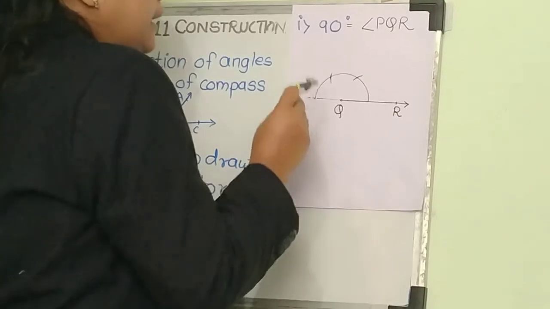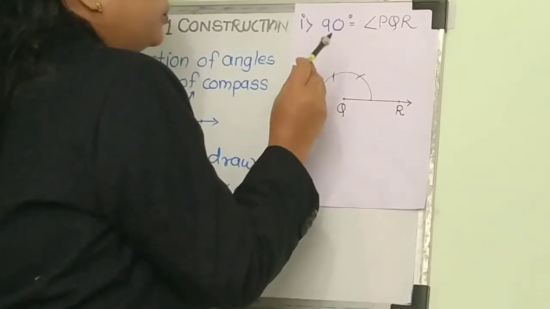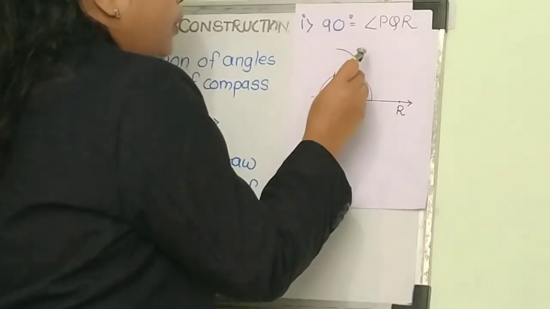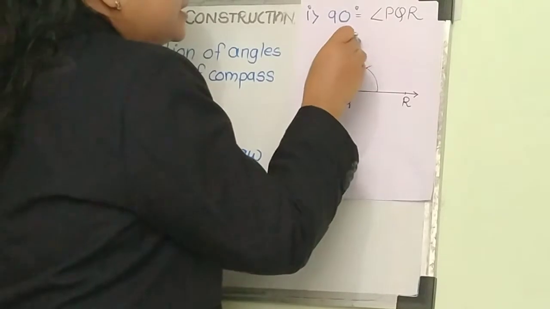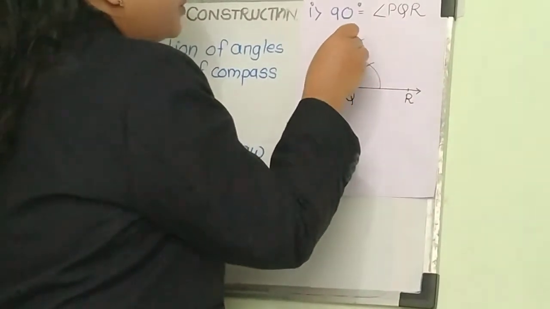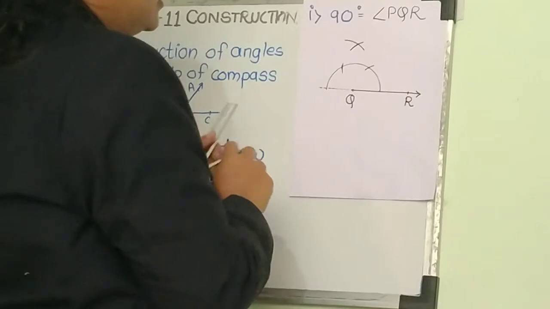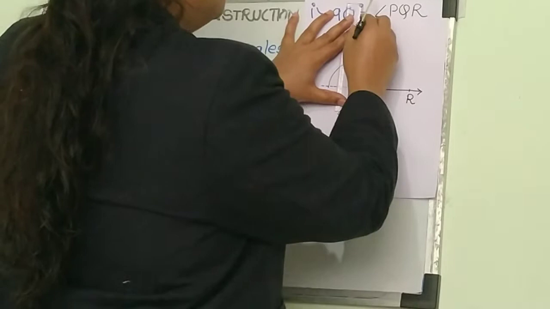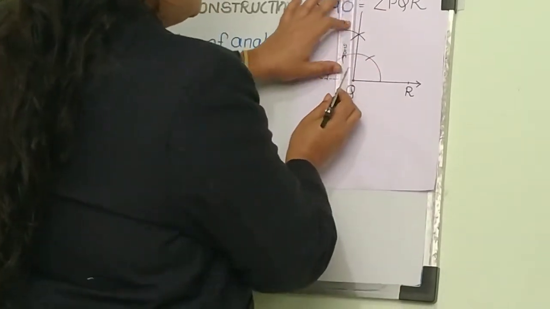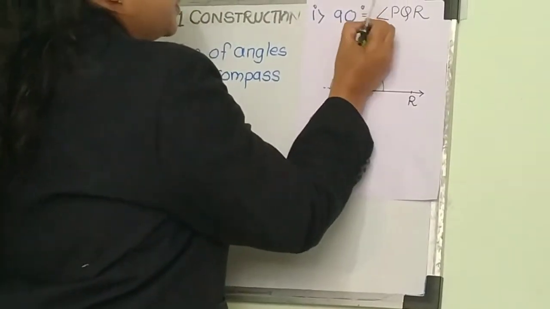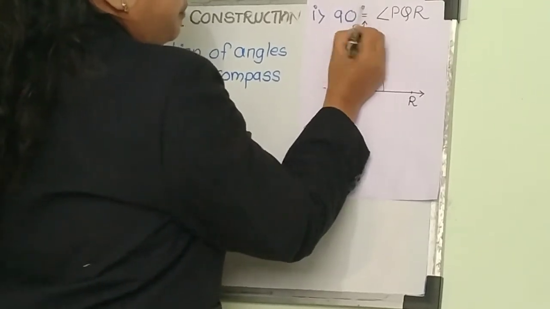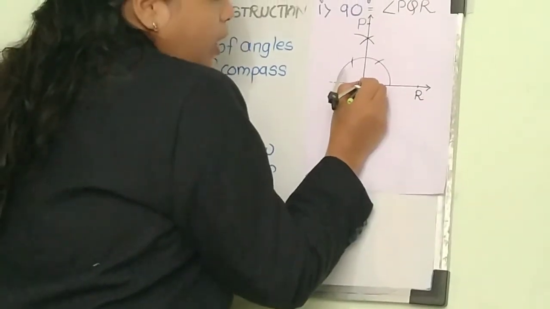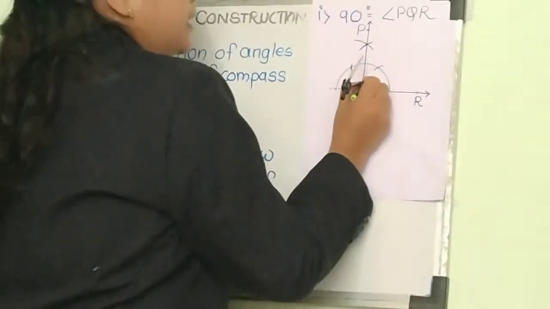Okay. Then for 90 degree what we have to do, from this 120 degree arc and from the 60 degree arc, we have to draw the intersecting two arcs, and then we are going to draw the line or ray passing through this, and here I am going to write point P. So in this way we get the angle PQR, it is of 90 degree.